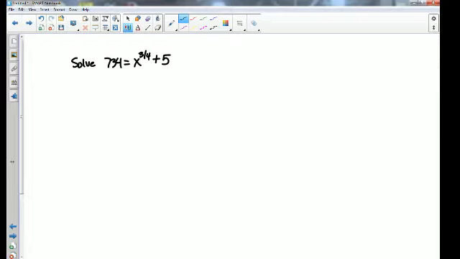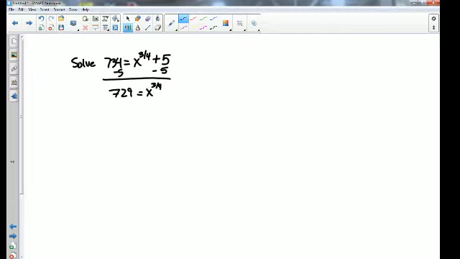I'm going to subtract 5 very carefully, in fact. 729 is a perfect fourth or third power of some kind, and I can't remember what it is.